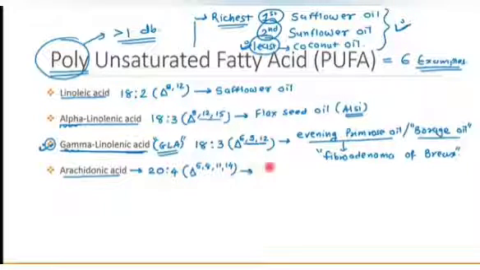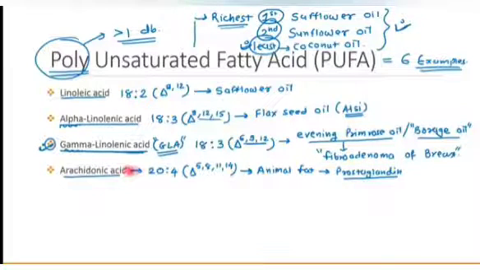The arachidonic acid is found in the animal fat, and it is important because it gives rise to prostaglandin synthesis. Prostaglandins are the local hormones which are synthesized from the arachidonic acid.